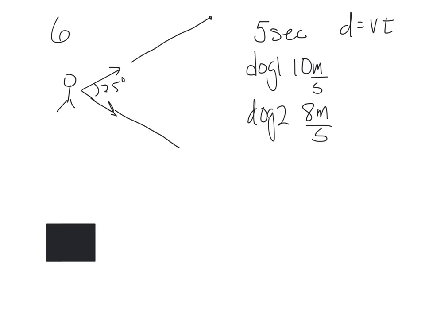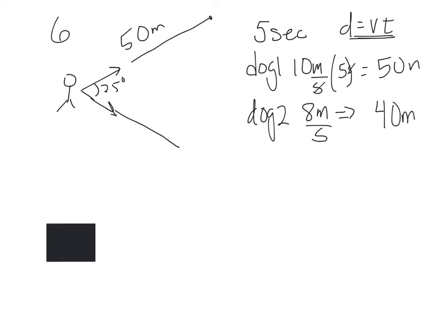And we can figure out those distances because the distance they run is the speed times time. So if one dog runs for 10 meters per second, if I multiply that by 5 seconds, then that dog's going to go 50 meters. So one length's going to be 50 meters of my triangle, and the other length will be 40 meters. Multiply that by 5, and this length over here will be 40, dog number 2. So here we have our 2 locations, and we're looking for this distance.